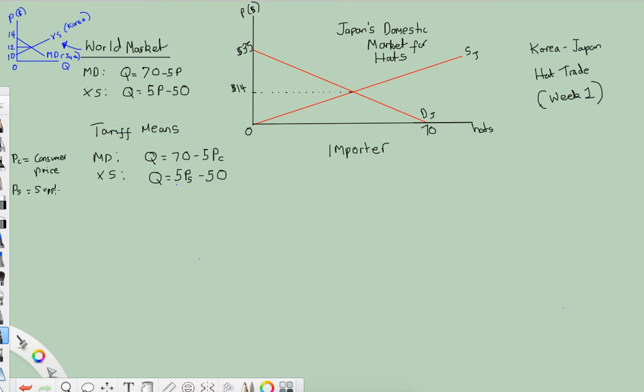And we know the relationship between PC and PS because we know that the tariff is imposed. So let's say we've got PC is equal to PS plus T, the amount of the tariff. And so we can substitute into the import demand curve, but we need to get this expressed in terms of one type of price.